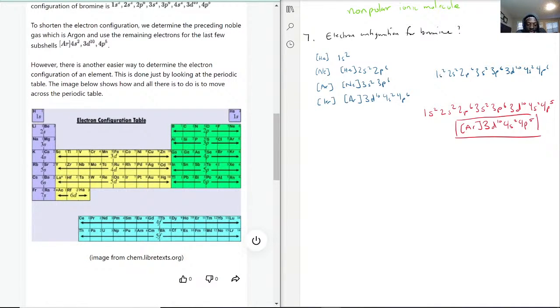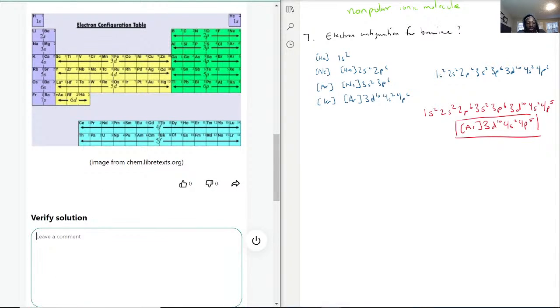As you saw when we were solving for bromine, we had a 4s2 3d10 because it covered this whole D row, and then we went back to the 4s and we ended at 4p5. So this is correct, although it should be reorganized with lowest shell first.